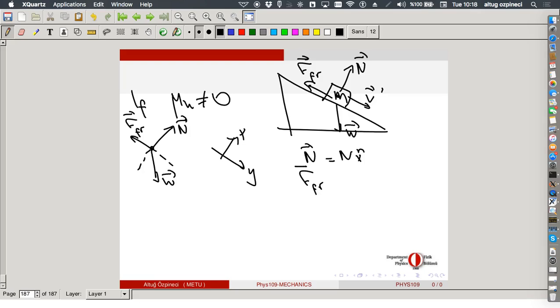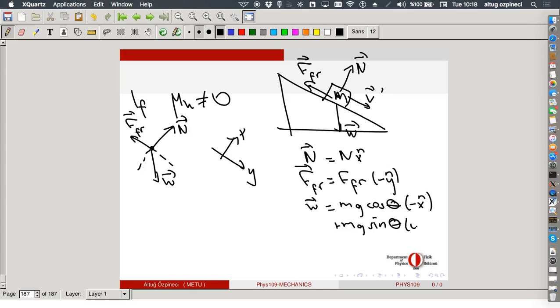The friction force, let's say, is magnitude in the minus y direction. And the weight is mg cosine theta in the minus x plus mg sine theta in the y direction. And the magnitude of the friction force is, in this case, mu k times N.